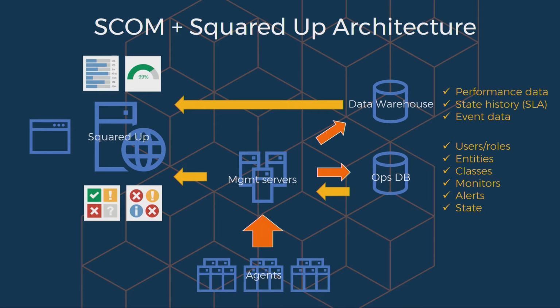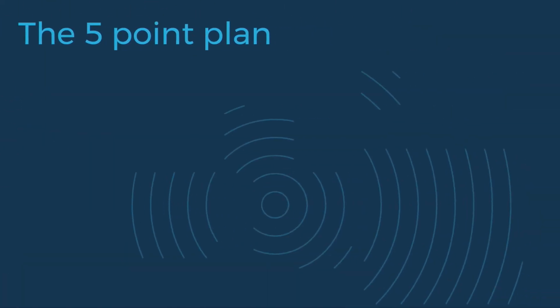That's what we sit on top of to generate those SLA gauges in the Squared Up product. So performance data and SLA data are all derived from the data warehouse. And I guess that's also true for the dynamic table as well. Any tile that shows performance-based information, whether that's a performance tile directly or indirectly, comes from the data warehouse.